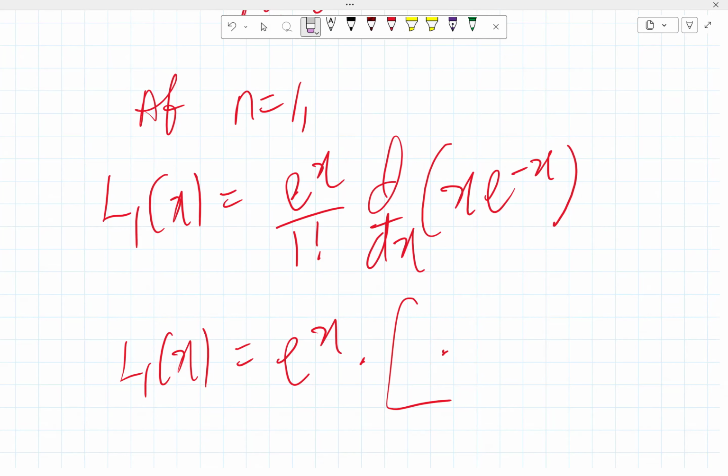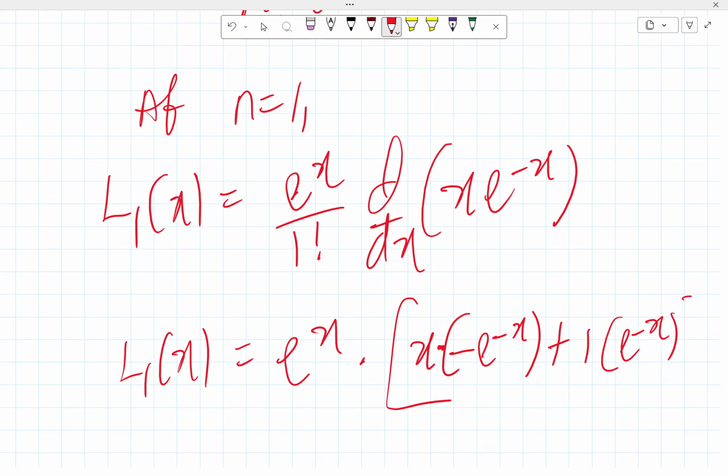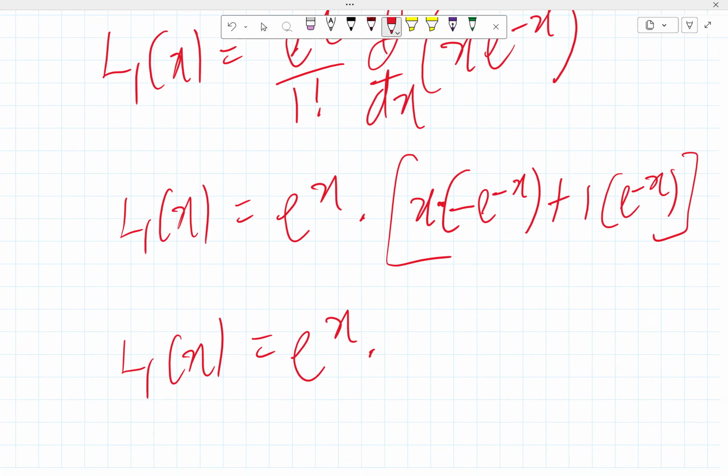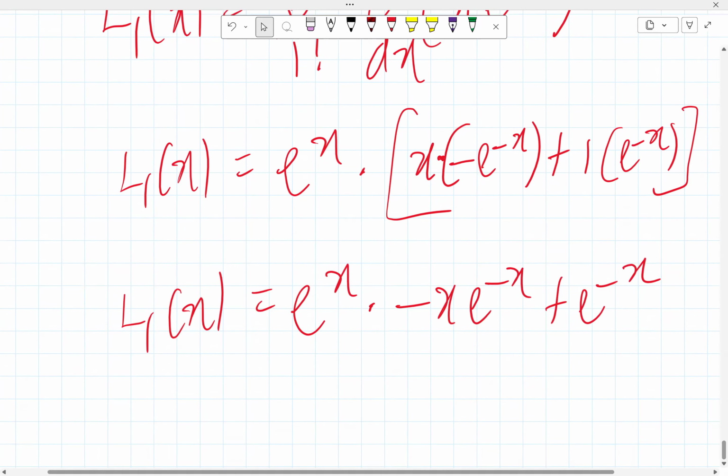Or better still, let's do it this way. We hold x and differentiate e raised power minus x. That's minus e raised power minus x, plus hold e raised power minus x and differentiate x, that's 1, into e raised power minus x, like that. So L1 of x now is e raised power x multiplied by minus x e raised power minus x, plus e raised power minus x, like that.